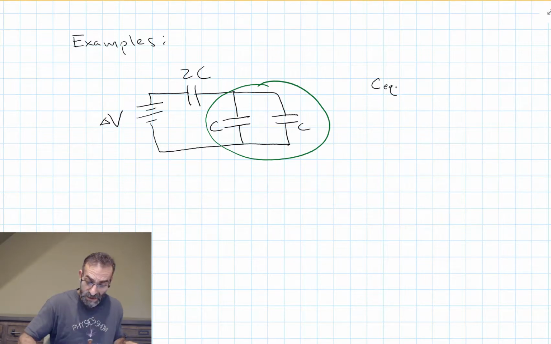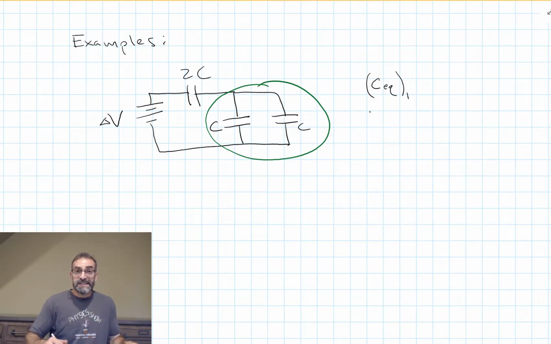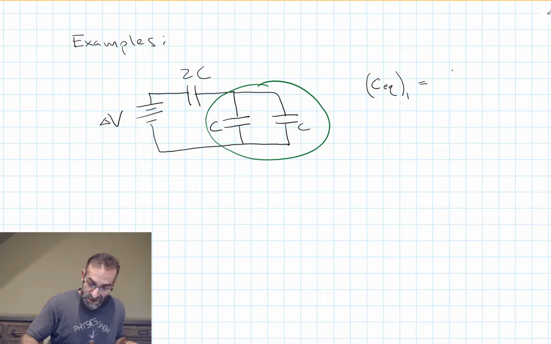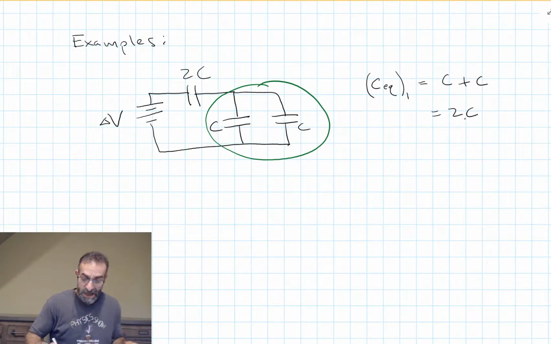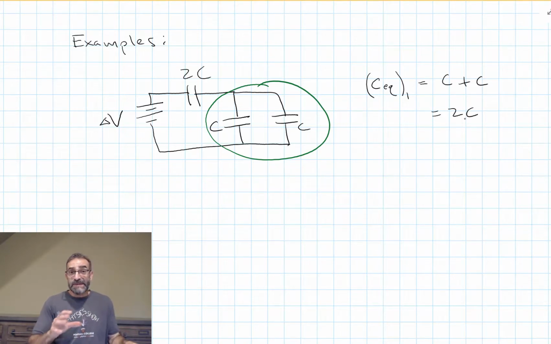C equivalent, I'll call it C equivalent 1 because I'm going to do another equivalent capacitor in a minute. This is an intermediate capacitor I'm finding as I step my way through the problem. That's going to be the capacitance of one plus the capacitance of the other one. So I can replace these 2 capacitors in parallel with a single capacitor that has a value of 2C.